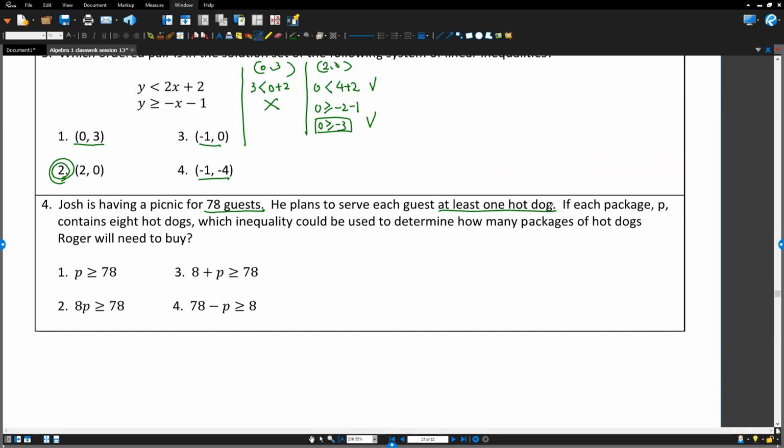Each package P contains 8 hot dogs. We have P packages over here.